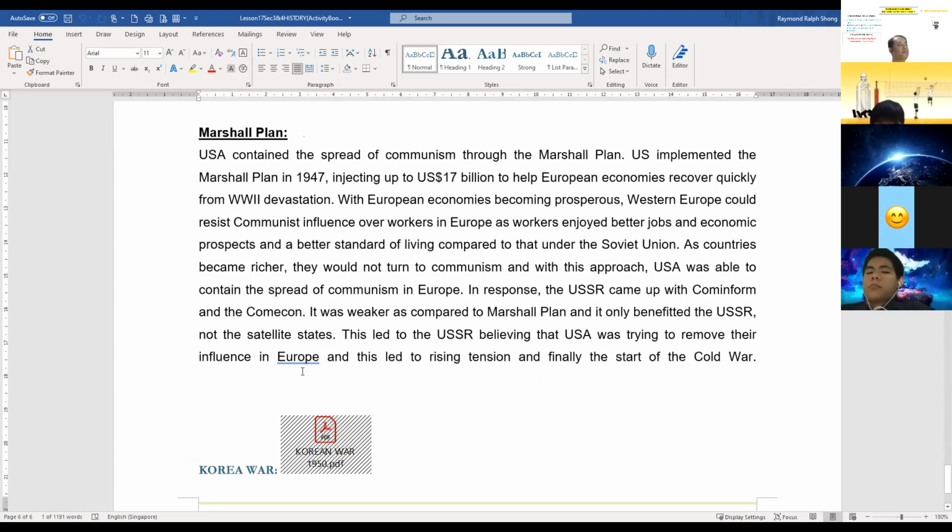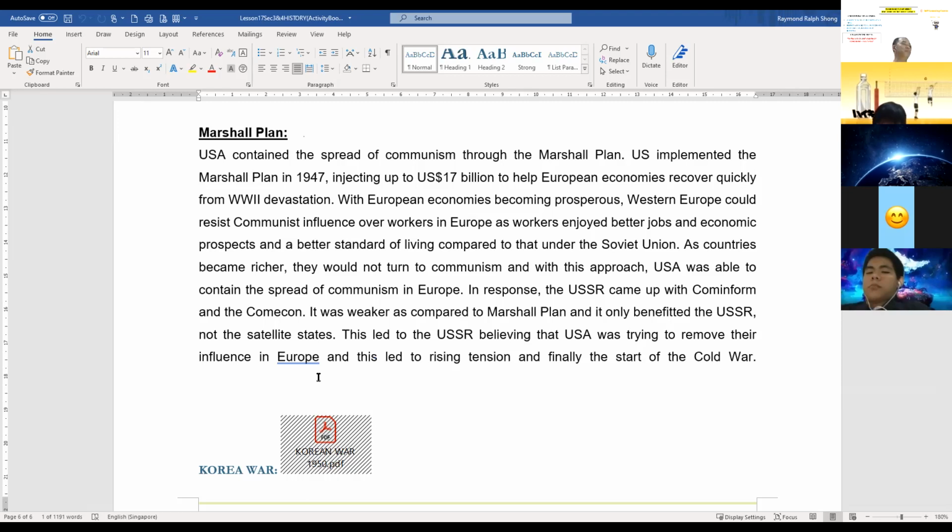Thank you, Rui. USA contained the spread of communism through the Marshall Plan. US implemented the Marshall Plan in 1947, injected up to US 17 billion to help European economies recover quickly from World War II devastation.